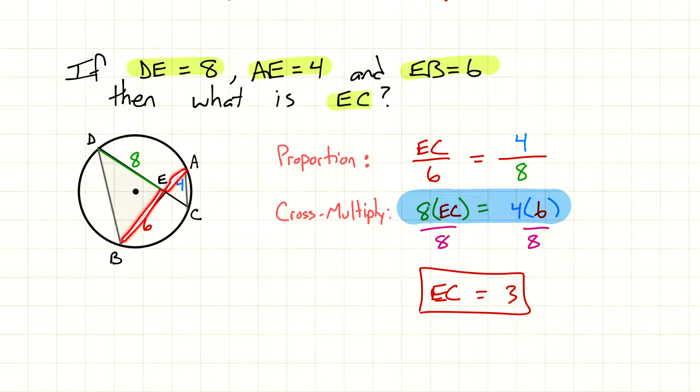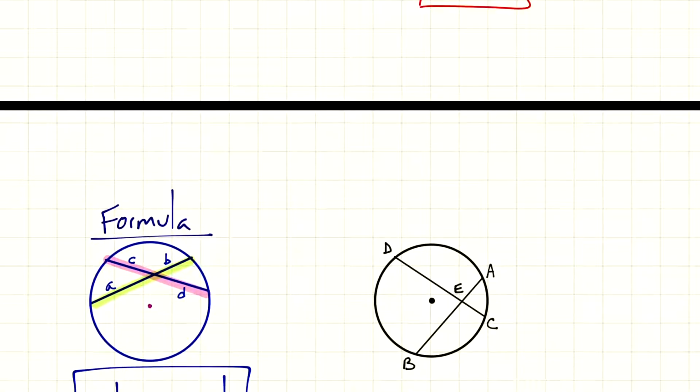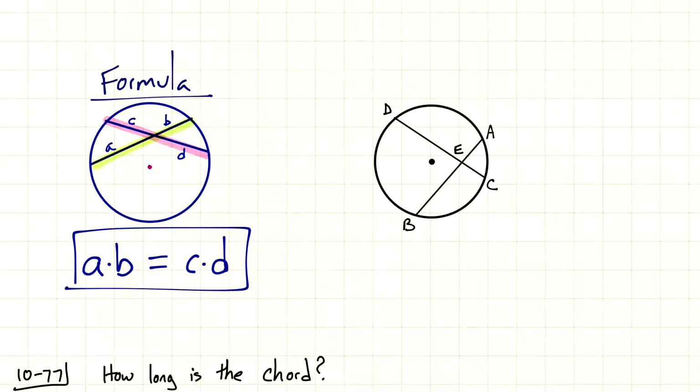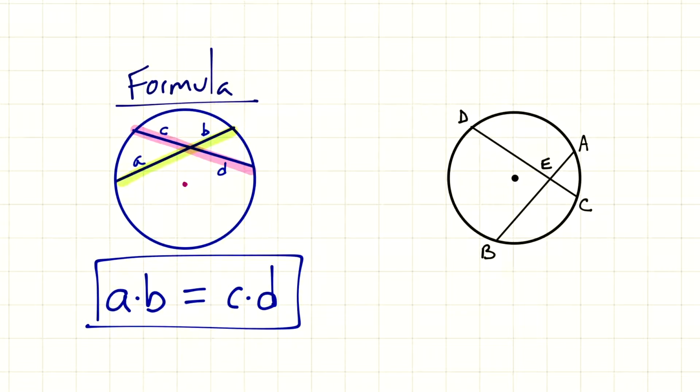You'll notice 4 and 6 are on the same line, and 8 and EC are on the same line, which means maybe we could skip this whole proportion and go straight to this part where it's already cross multiplied. If it's on the same line, then we just multiply them. So this leads to our formula. Here's a formula that you need to know.